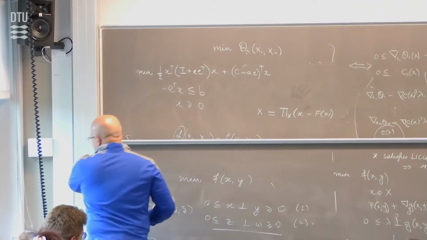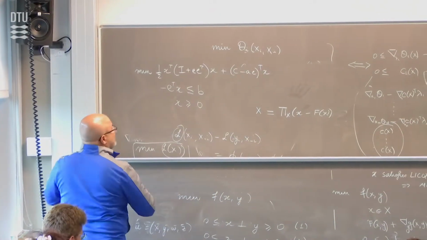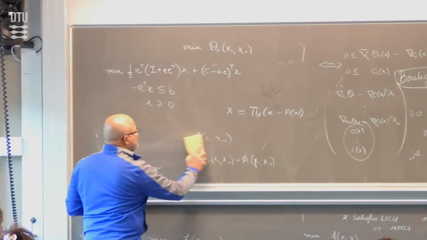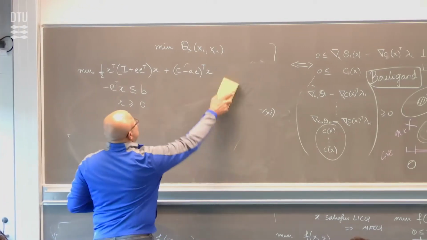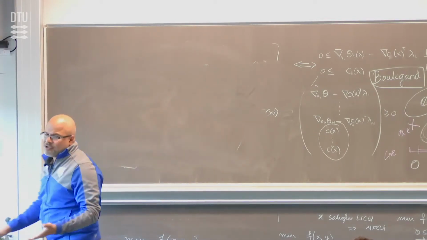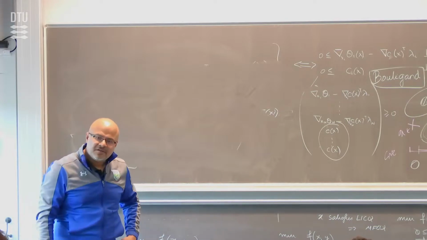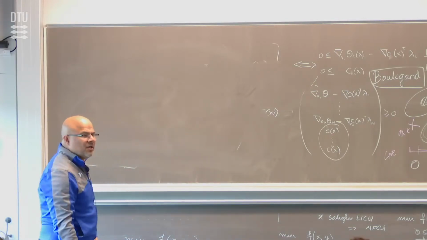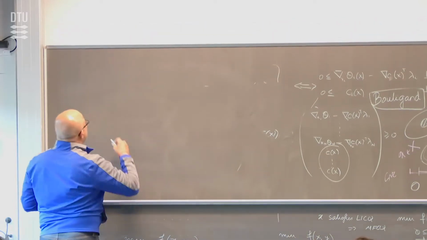You might say, why do you care? Well, you care because suppose you go and solve an MPEC, you need to know if the point you've got satisfies stationarity. For you to know that, you need to write out the stationarity conditions. To write out the stationarity conditions, you need to know what the Lagrangian is. And because it's an MPEC, it's not the standard Lagrangian.